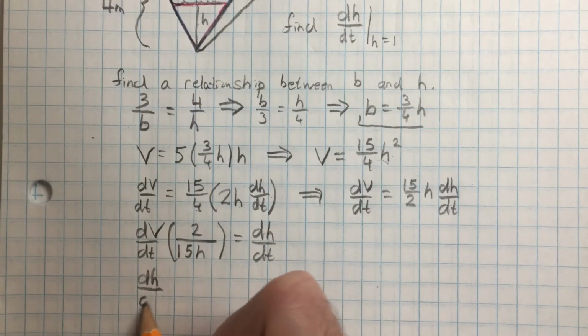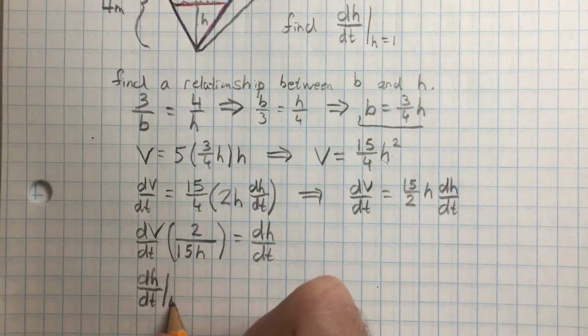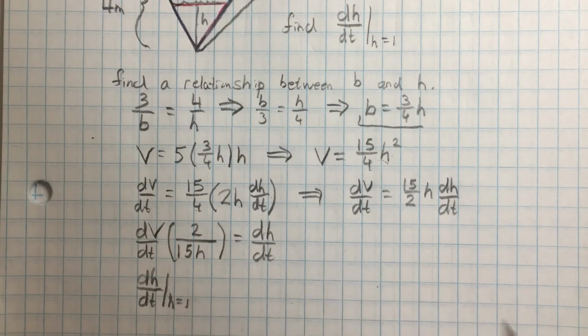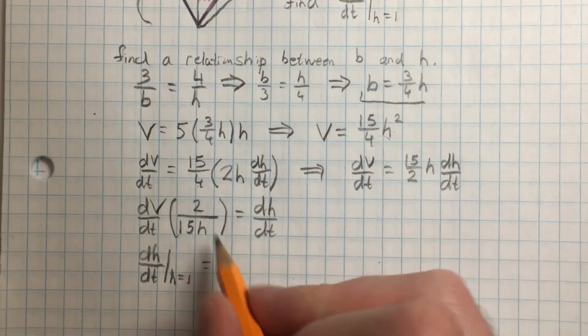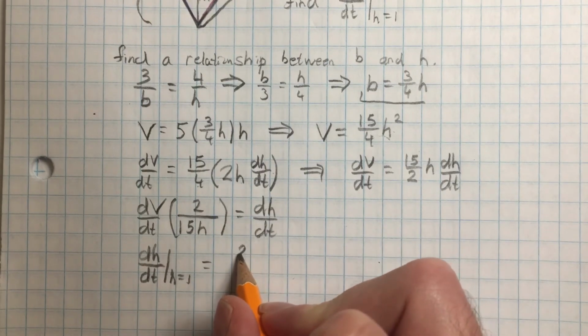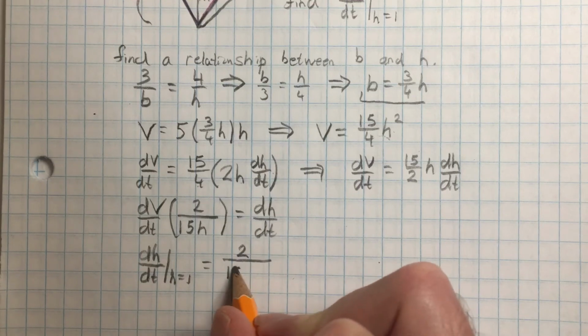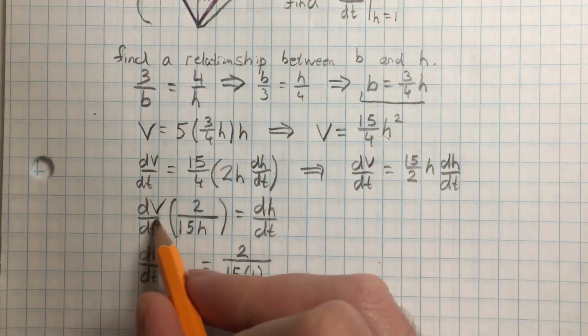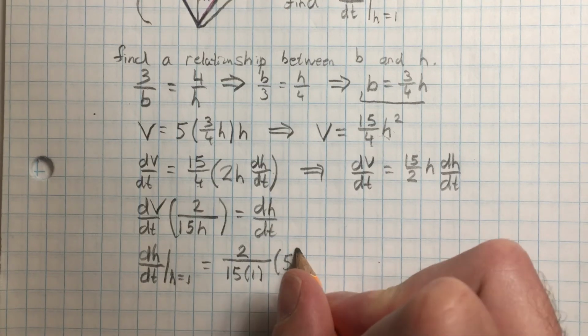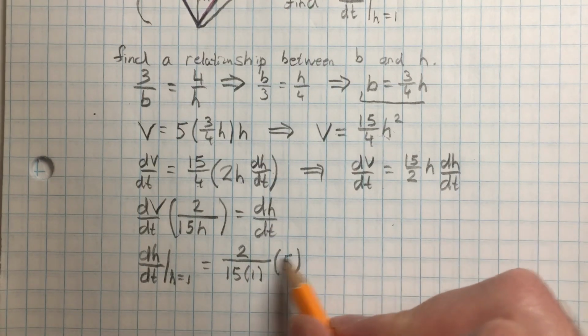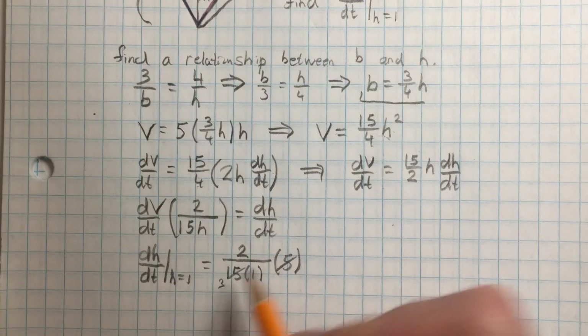dh/dt when h equals 1 will be 2 over 15 times 1 times the derivative of the volume, which we said was 5. And then 5 and 15 cancel, you get a 3.